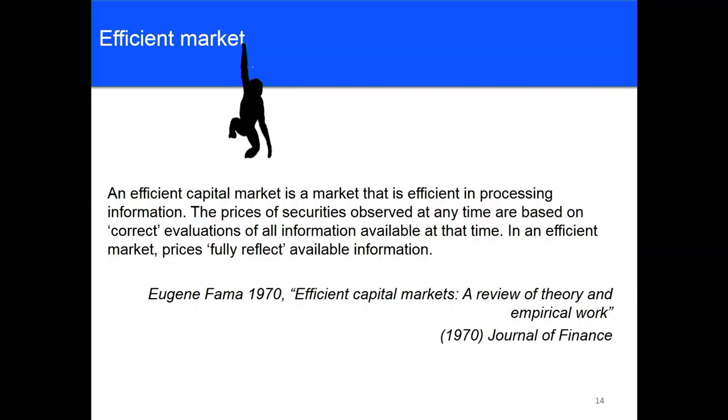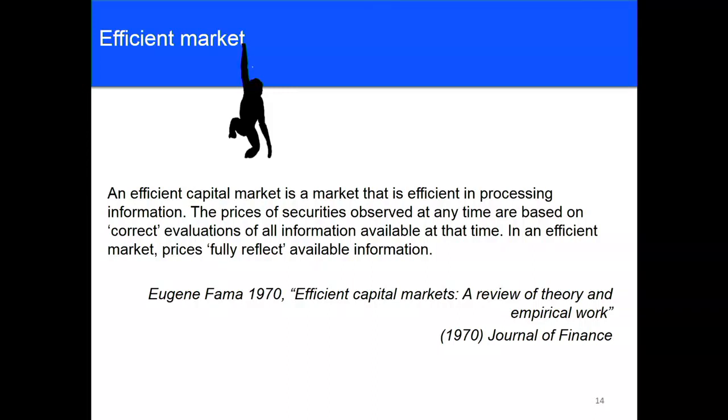But the efficient market hypothesis is quite a startling proposition. But let me start off with a definition of what is an efficient market. So this is Eugene Fama, who in 1970 came up with this notion that what we would call an efficient market is one that is efficient in processing information.